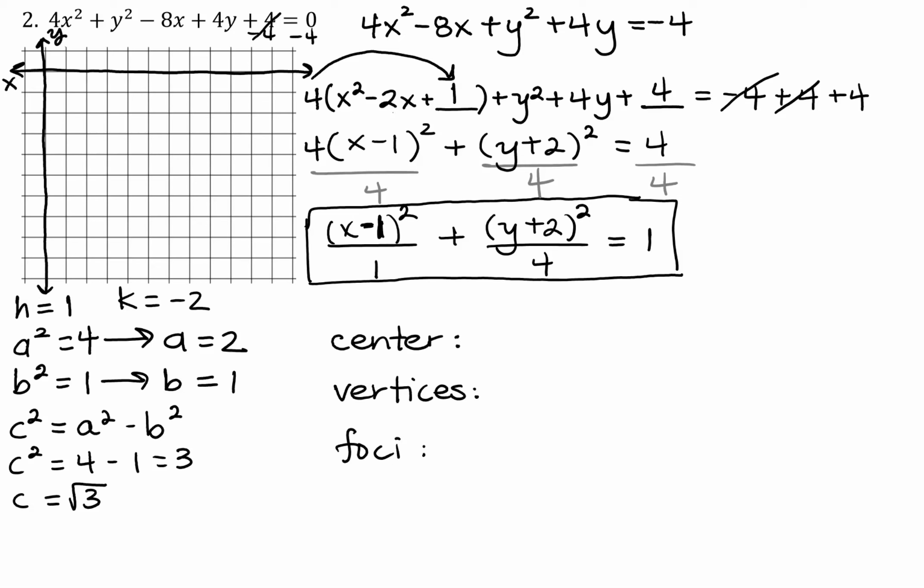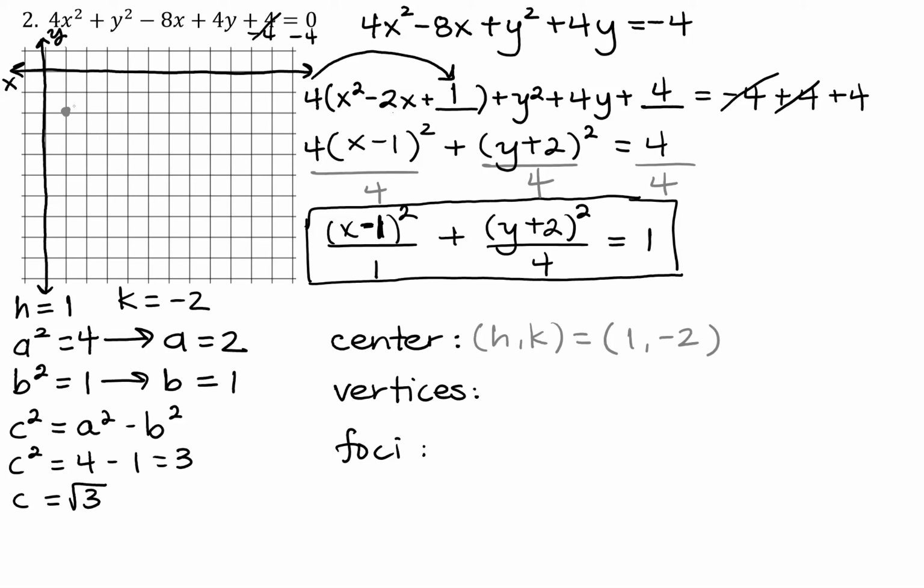I'm going to go by 1s on both my x and my y-axis. The center of the ellipse is at h, k, which in this case is equal to 1, -2. So I'll plot our center right here at 1, -2.